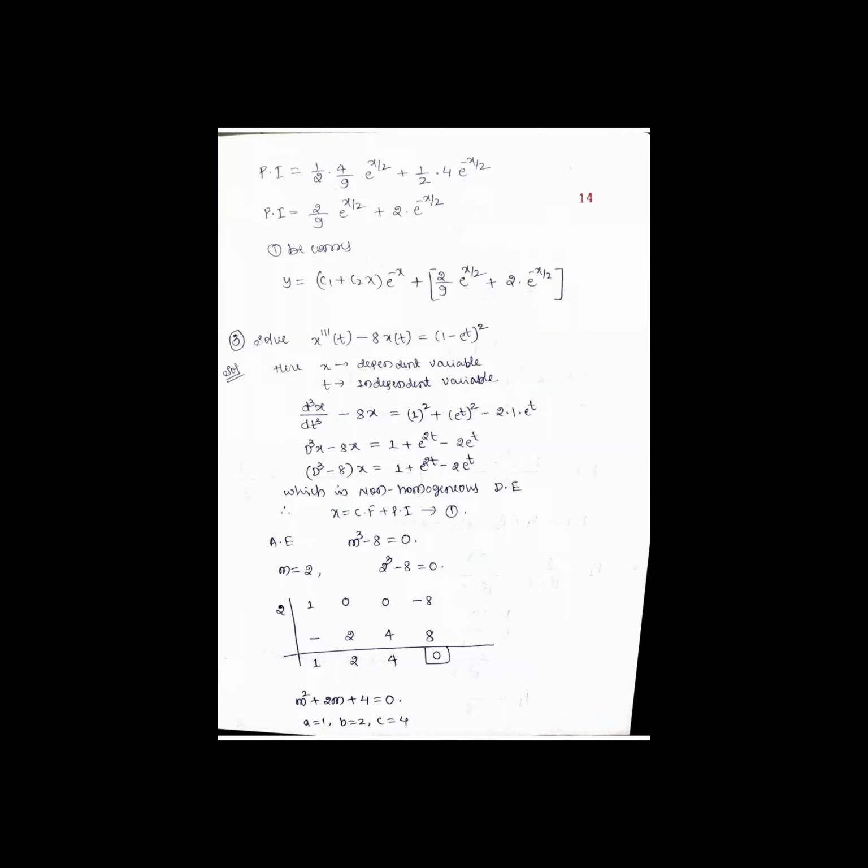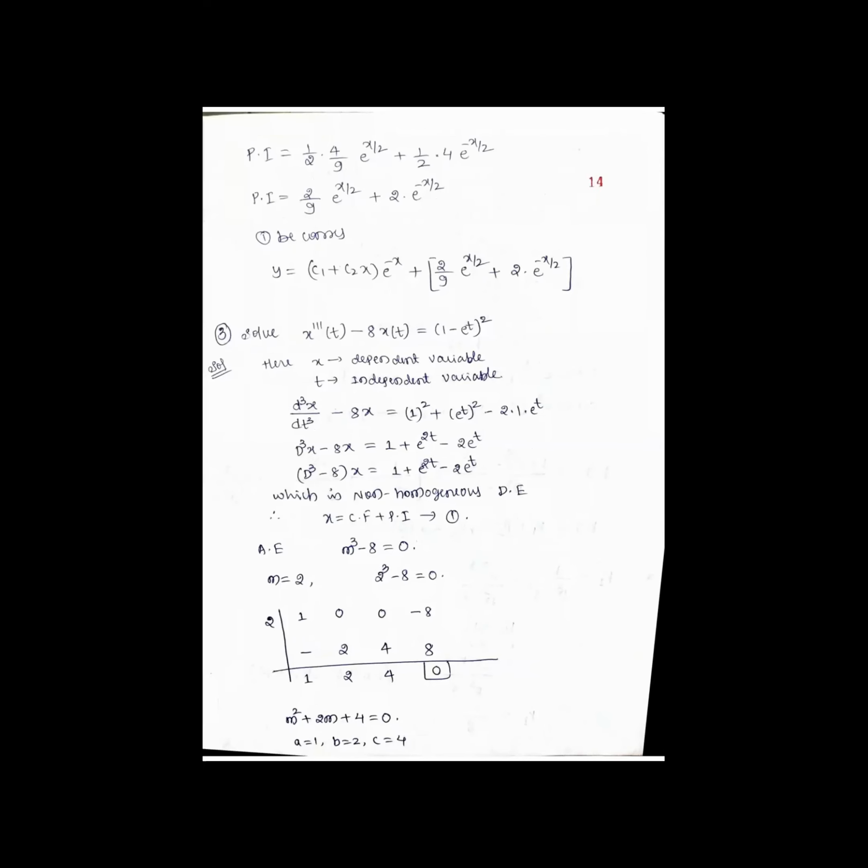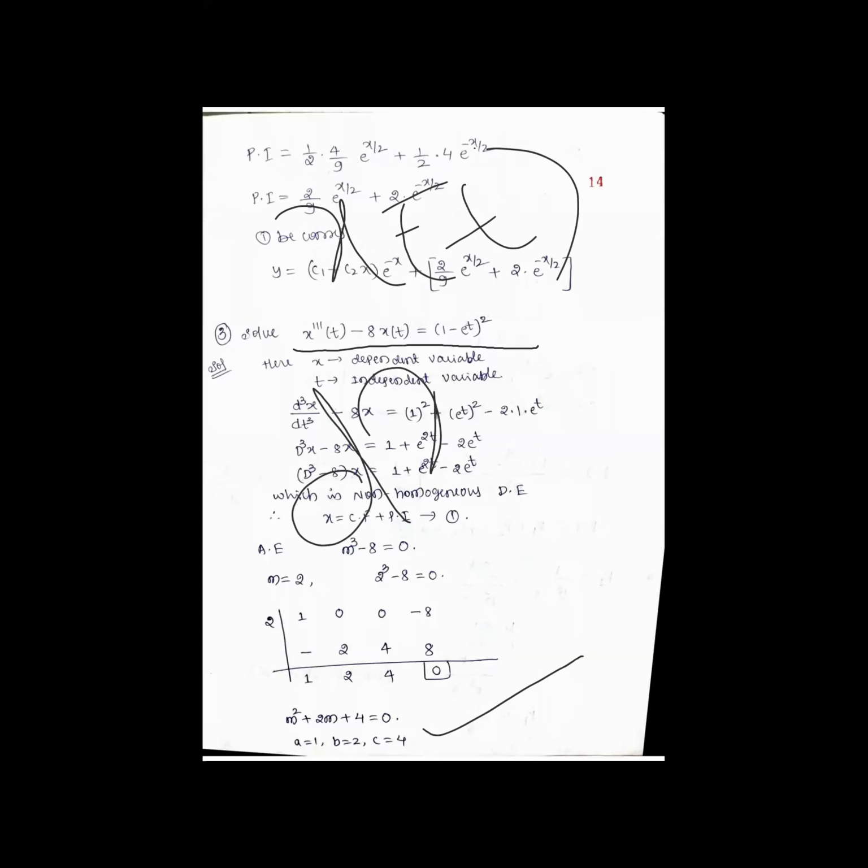See the third one. Here x triple dash of t minus 8x of t is equal to 1 minus e raised to t whole square. Half of this till here I explained yesterday. Once again I'll explain. Here you can see x is a function of t, so whatever you write, I have to write dx by dt.